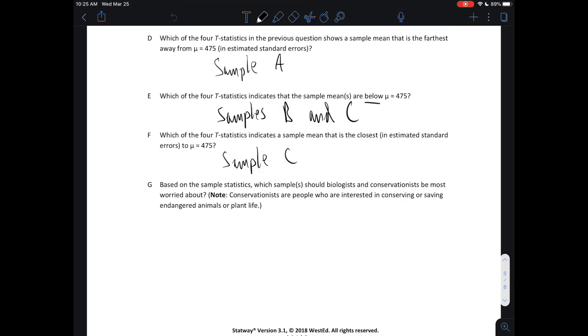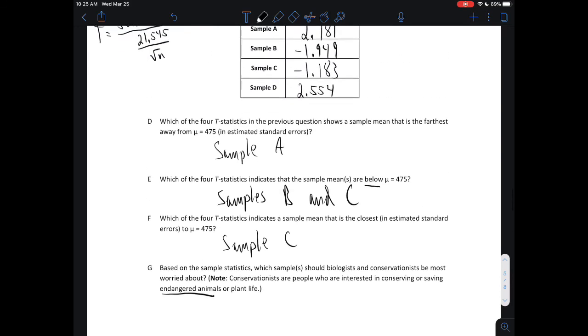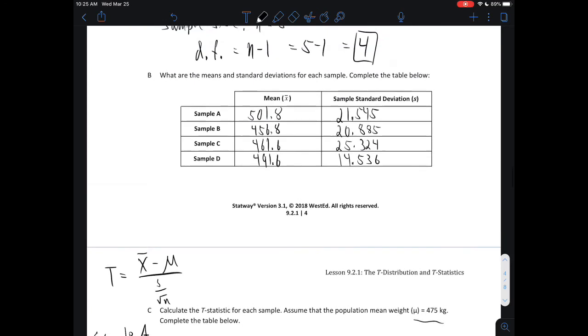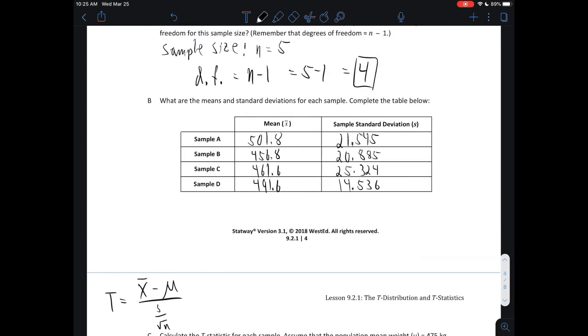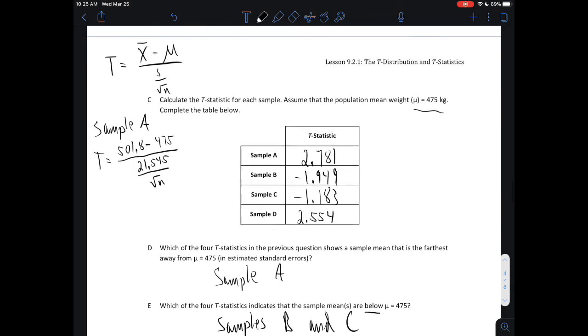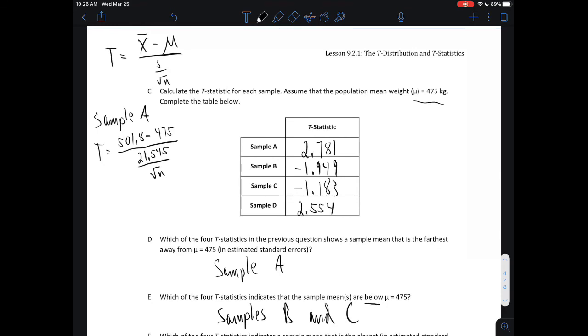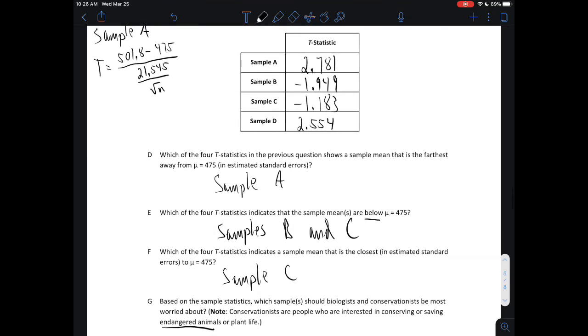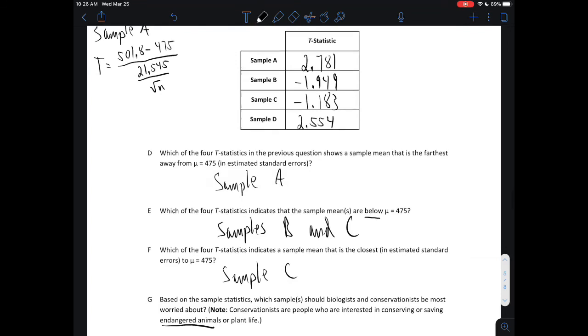So if we think about trying to save endangered animals, and that what we were finding before were the mean weights and standard deviations for these samples of polar bears, what these conservationists would be concerned with is if the polar bears are underweight, as that would show that they are not getting enough to eat. So then we'd be focused on the t-statistics that are negative, and what's most concerning is the one that is the most negative, so sample B.